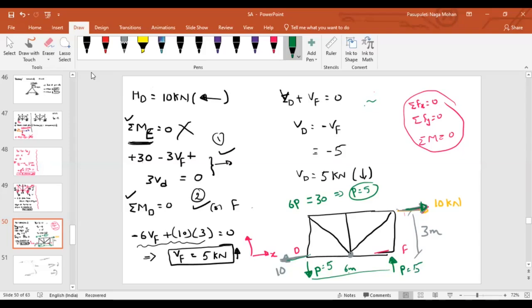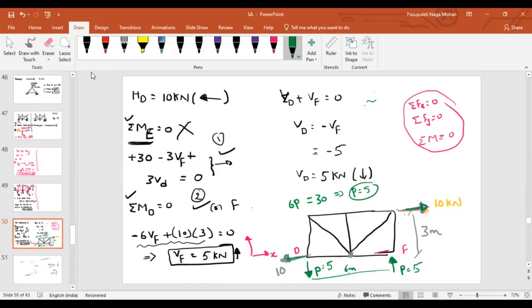As you are starting this problem, you might face difficulty understanding this, but if you understand this logic, then finding reaction forces will take only a couple of seconds. Instead of writing these equations, as this 10 kilonewton is acting on the right side, I have to balance it. So I will balance this by representing a force here on the left side.